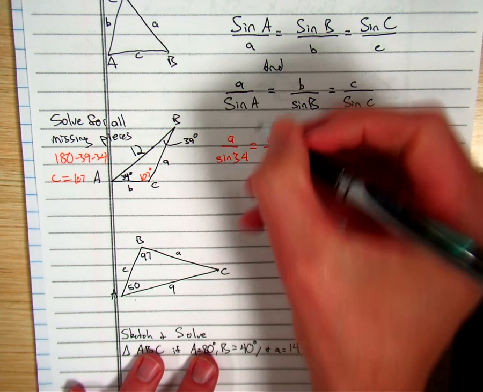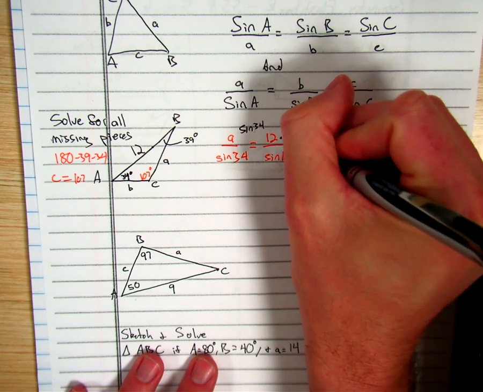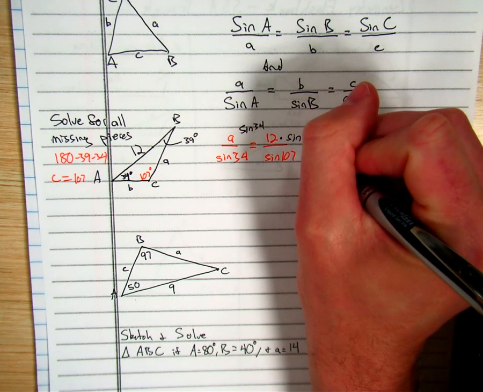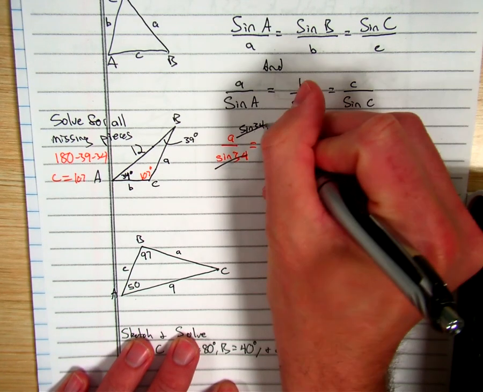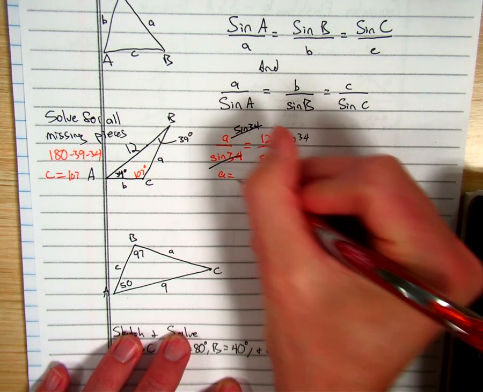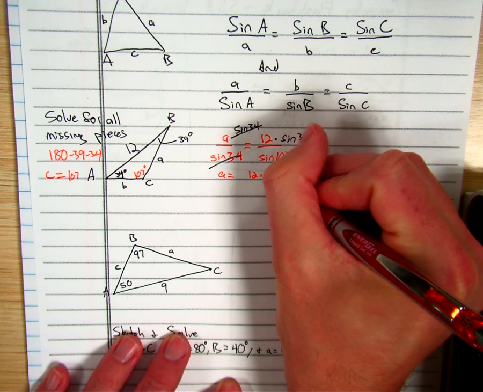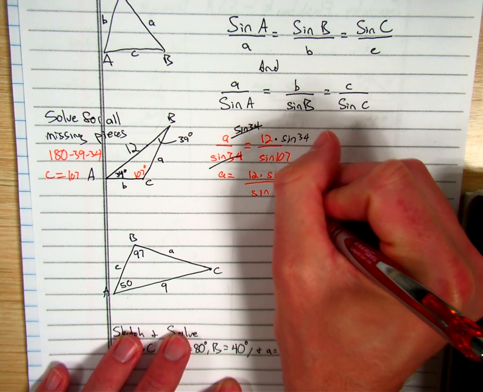We're trying to get A by itself. Let's multiply by sine of 34. Those will cancel. 12 times sine of 34 over sine of 107.